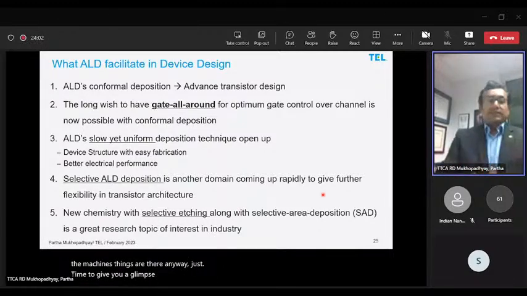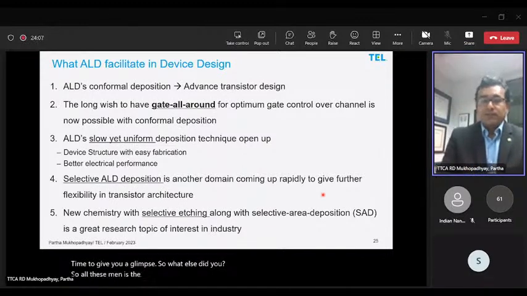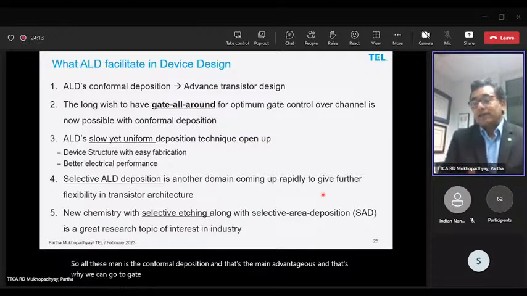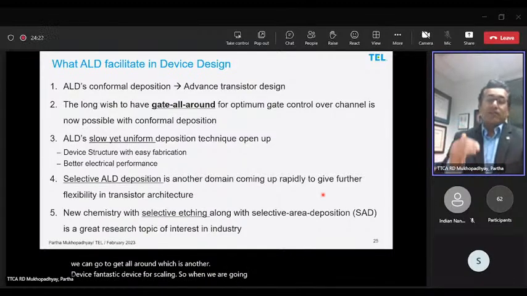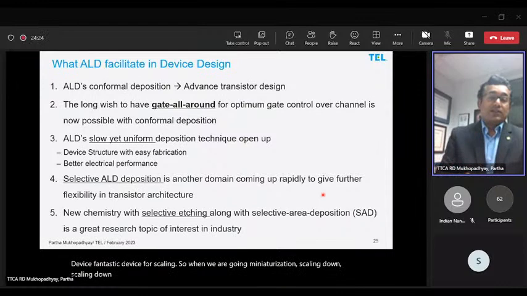So what about ALD? ALD's main advantage is the conformal deposition. That's why we can go to gate all around, which is another fantastic device for scaling. When we are miniaturizing and scaling down, gate all around is kind of the ultimate, and it opens up everything.